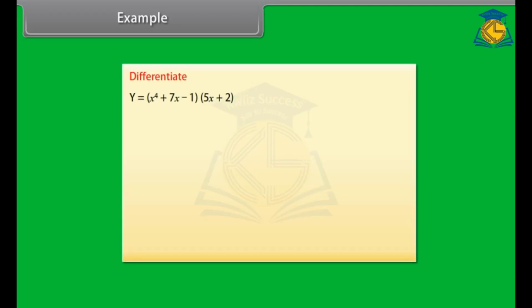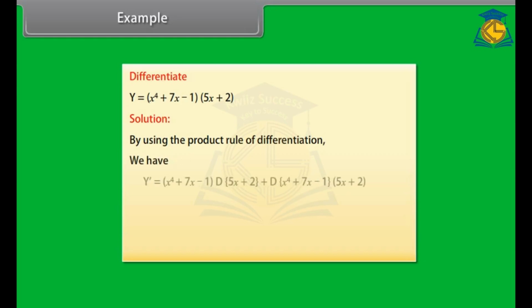Differentiate y is equal to (x raised to power 4 plus 7x minus 1) into (5x plus 2). Solution. By using the product rule of differentiation, we have y dash is equal to (x raised to power 4 plus 7x minus 1) into differentiation of (5x plus 2) plus differentiation of (x raised to power 4 plus 7x minus 1) into (5x plus 2).